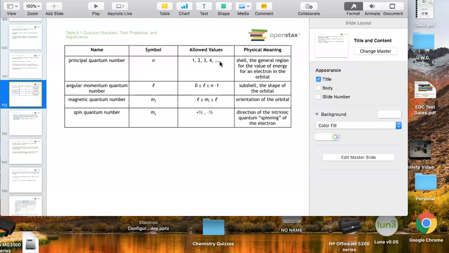Mathematically you can have a quantum number greater than 7 and associated l, m sub l, and m sub s values as well. The principal quantum number tells us basically the energy value for that electron in that orbital.